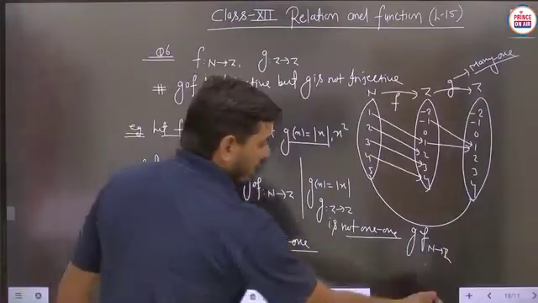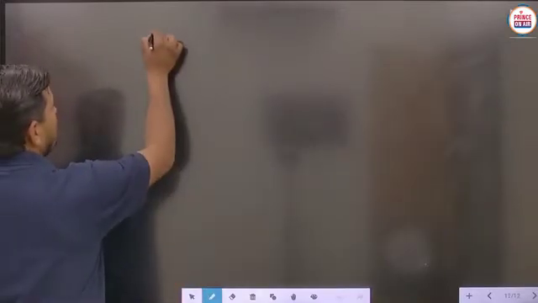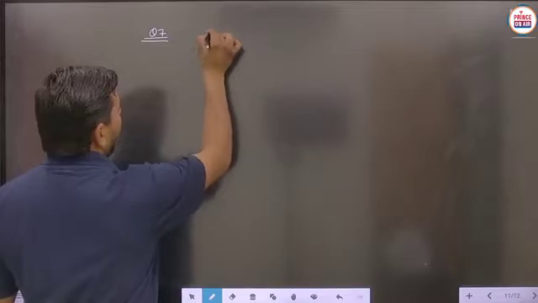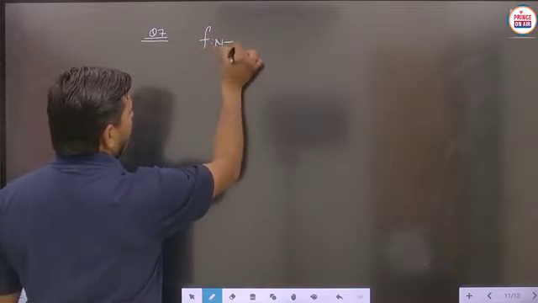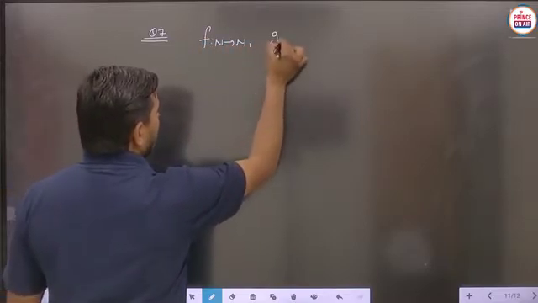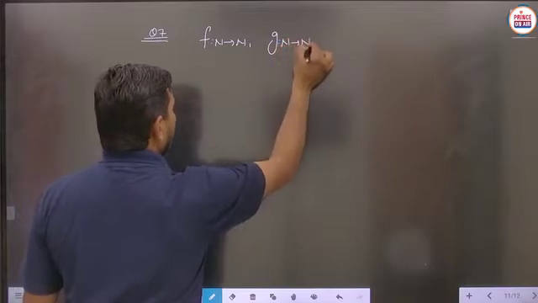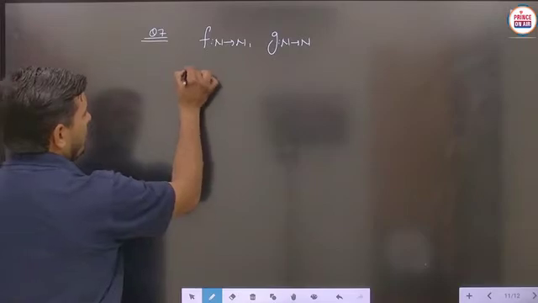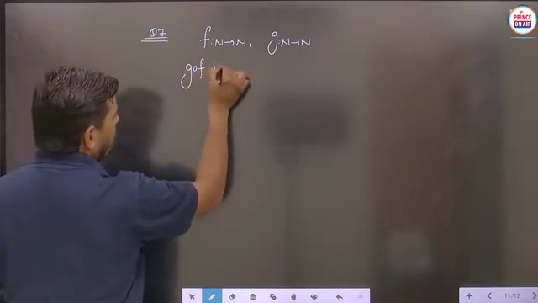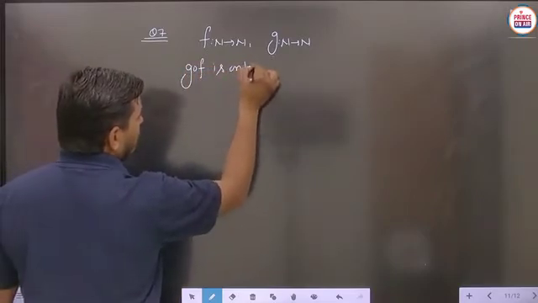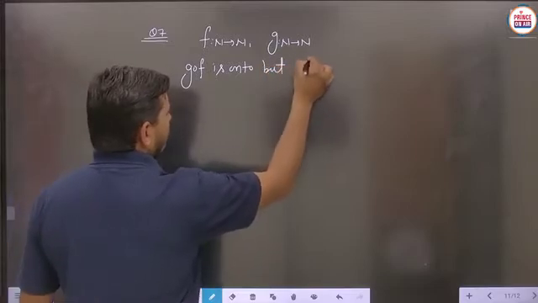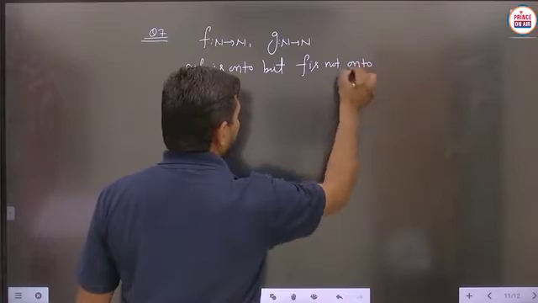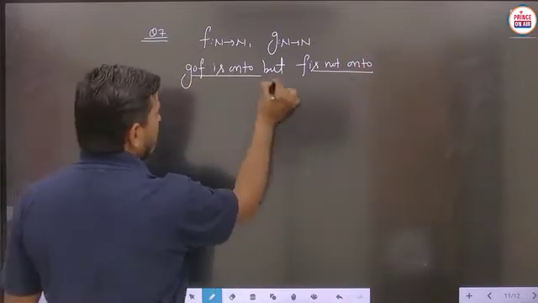So next, question number 7, where we are given two functions, f from natural number to natural number and g also from natural number to natural number, and we have to provide an example where g∘f is onto but f is not onto. According to the given situation, we have to provide the example.